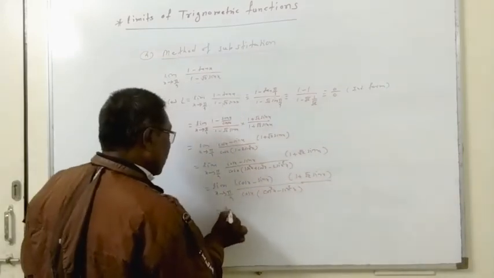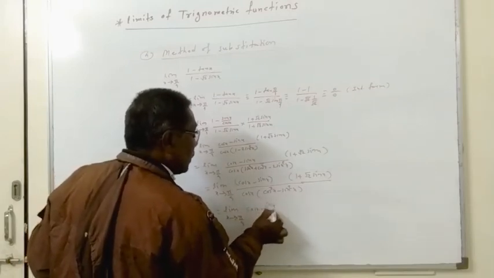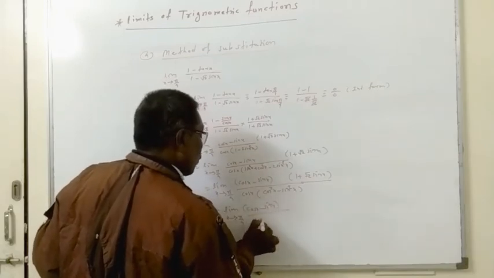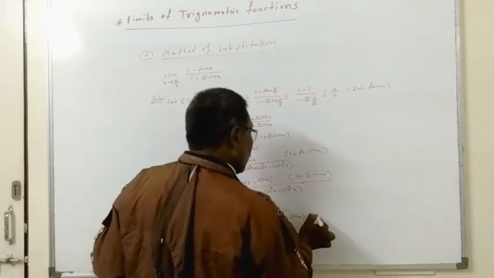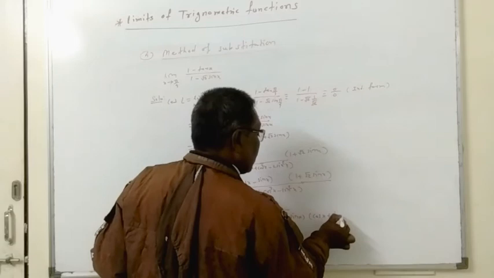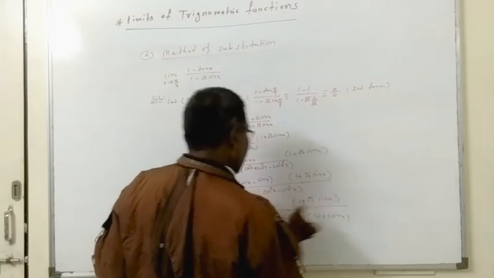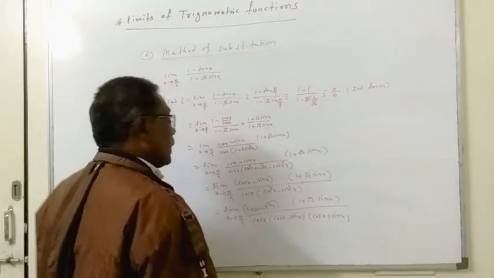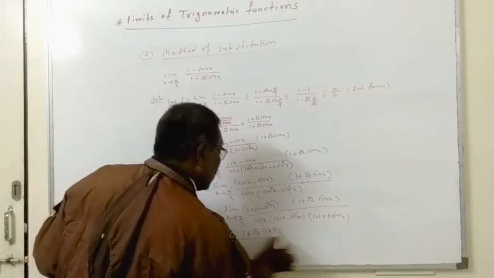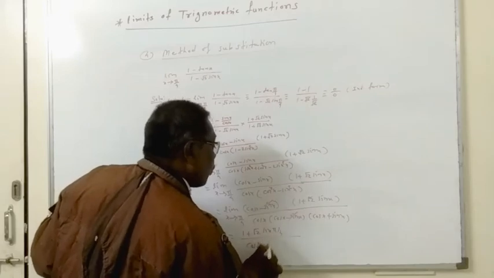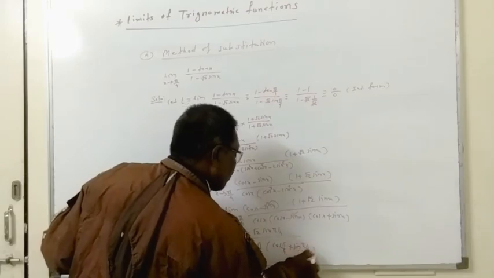So we can write this as limit x tends to pi by 4, (cos x minus sin x) divided by (cos x minus sin x) into (cos x plus sin x), into (1 plus root 2 sin x). So this common factor gets cancelled. Now by the direct method, we get (1 plus root 2 sin pi by 4) divided by (cos pi by 4 into (cos pi by 4 plus sin pi by 4)).